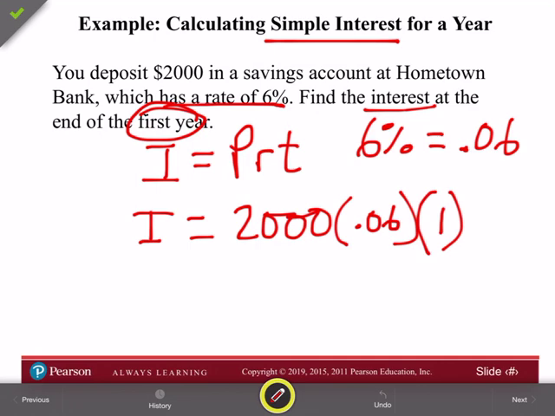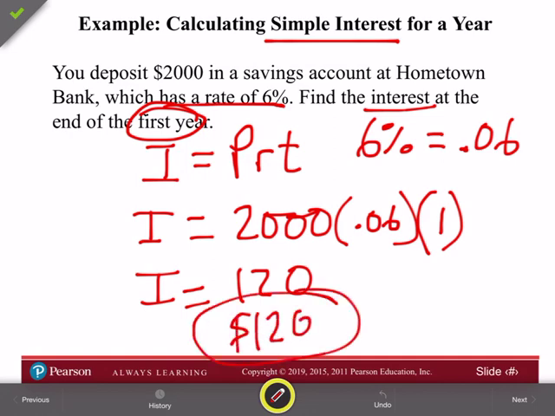If they did not match up, then we would have to make them match first. We multiply those together, and the calculator tells me 120. So the interest that you would earn on that $2,000 is $120. So at the end of the year, you get $120 in interest.